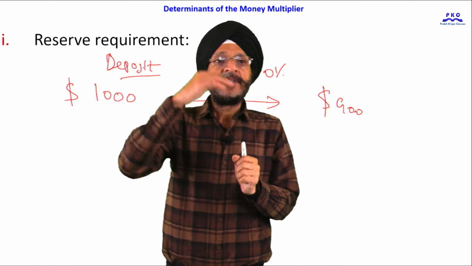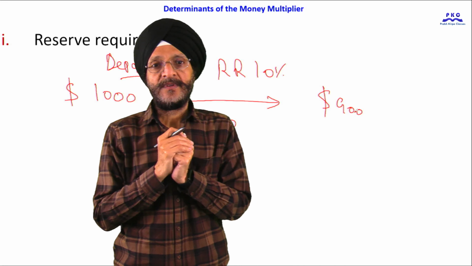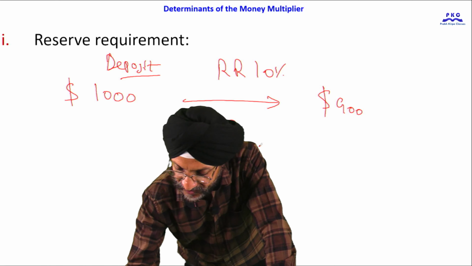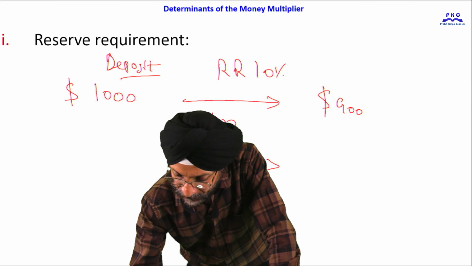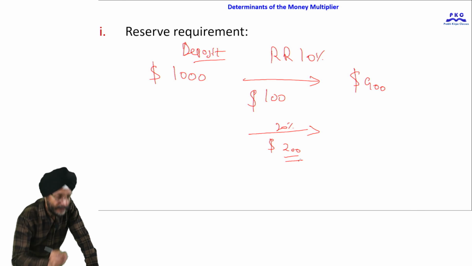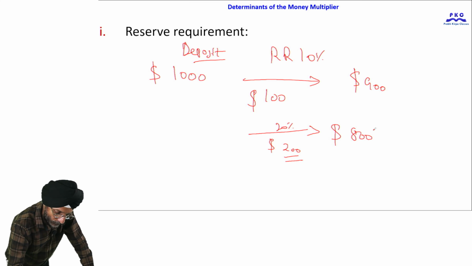Suppose the reserve requirement is changed. If it becomes 20%, then $200 will be kept as reserves and the rest will be available for loans.